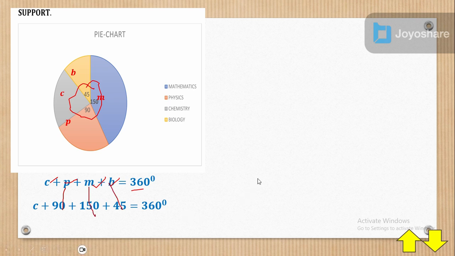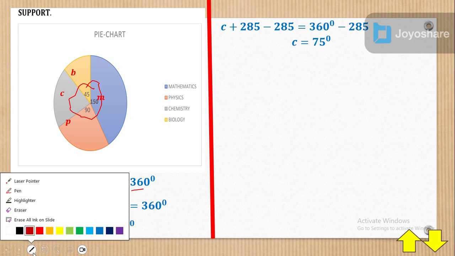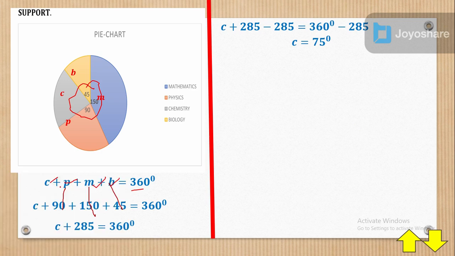Now I want the value of C. So we subtract, and we find that the value of C will just be 75 degrees. Okay, now we have everything in terms of degrees, but remember they want a bar graph. We have it in degrees, so now we must convert them from degrees into number of students.